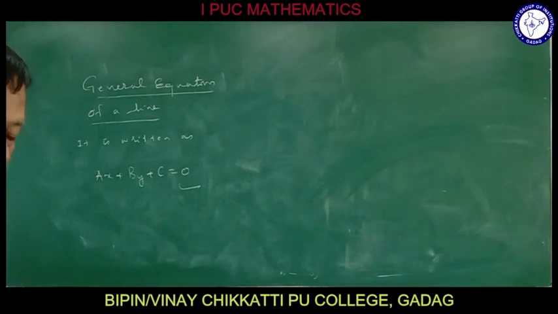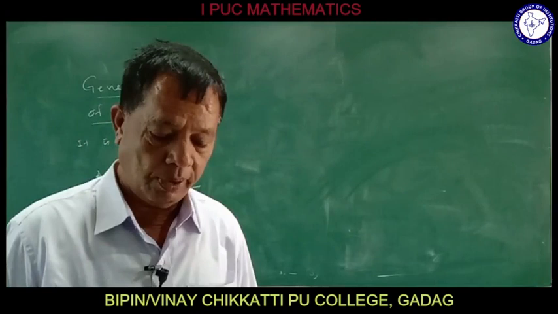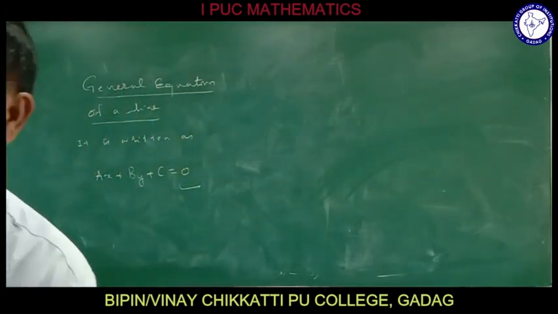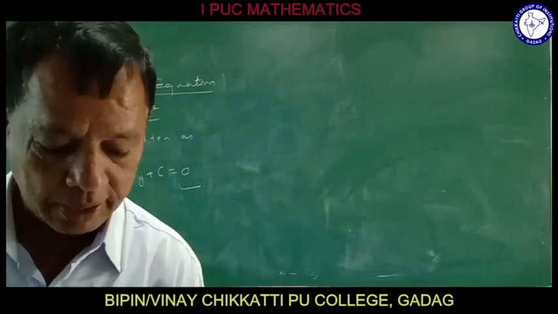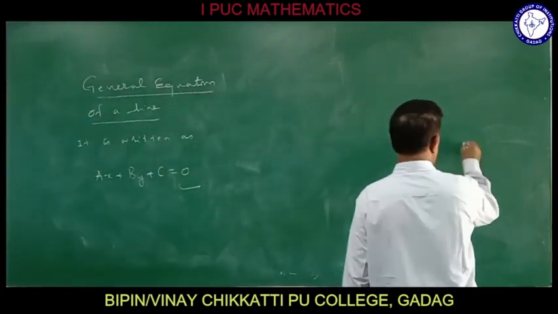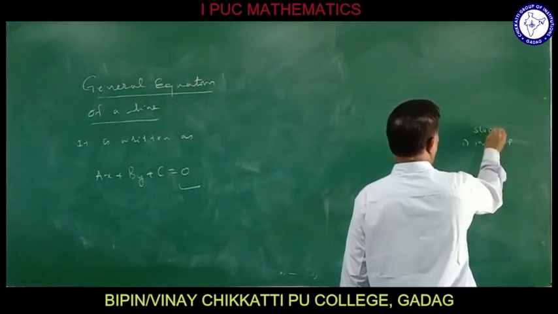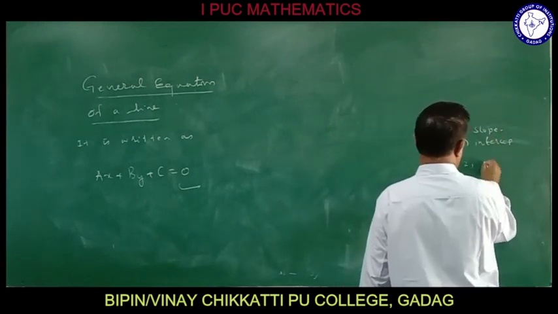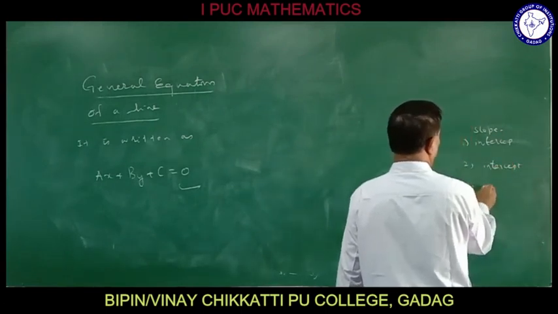So this general form may be reduced to three types which we have discussed. One is slope intercept, another is the normal form, and the other is intercepts. Three forms I have to consider. Slope intercept, intercepts, and the third one is normal.